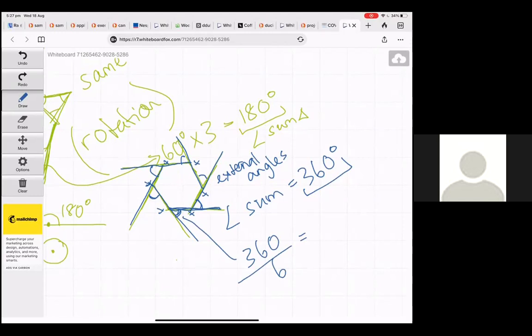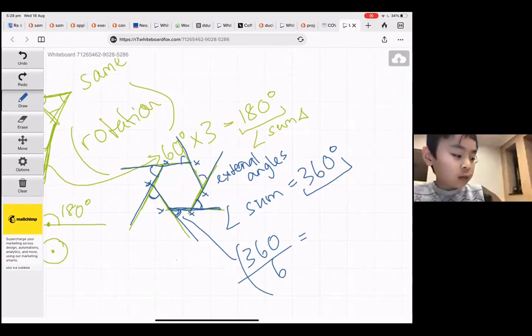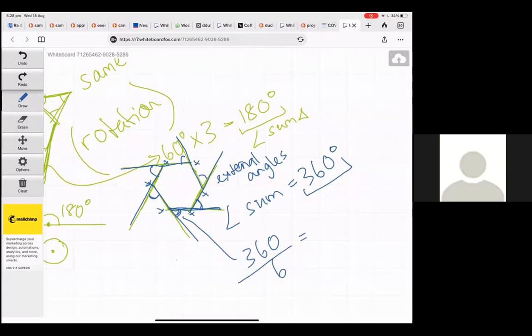Can you help me simplify this? Okay, what's 36 divided by 6? 6. So what happens when we add the 0 on the end? 360.